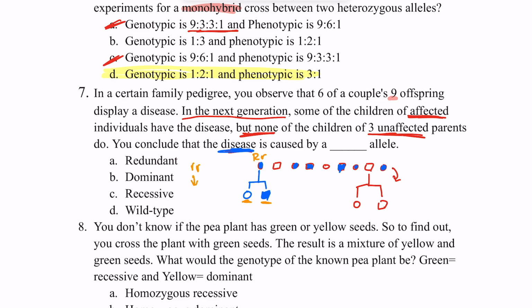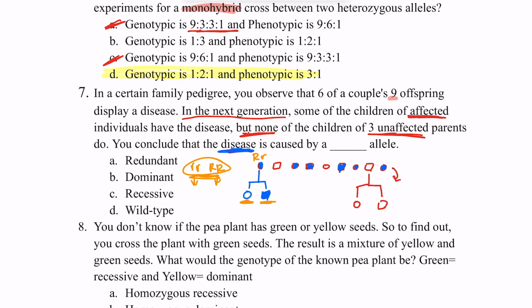And if it's always dominant, then again, we'll also get the same offspring. This is our true breeding. So we know that it can't be any of these. We'll have to assume it is heterozygous because we have different progeny. One is affected, one is not affected.